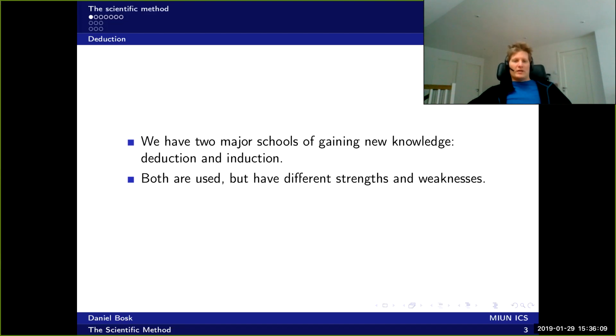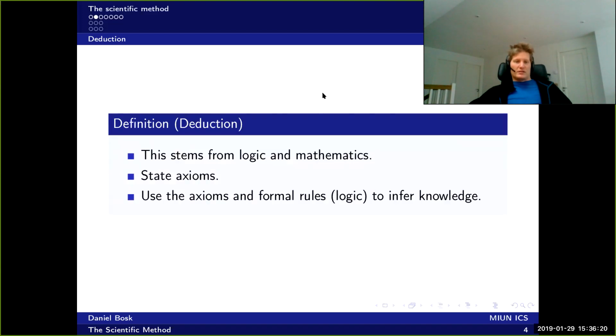So we have two major schools of gaining new knowledge, deduction and induction. Both are used, but they have different strengths and weaknesses. Deduction stems from logic and mathematics. It's strongly associated with those. The core principle is that we state some axioms, which are ultimate truths that we simply assume are true.